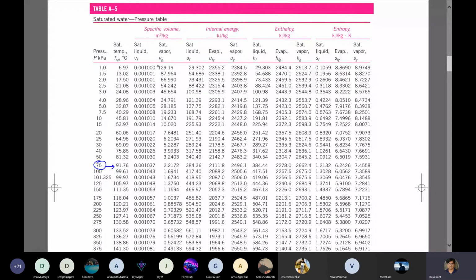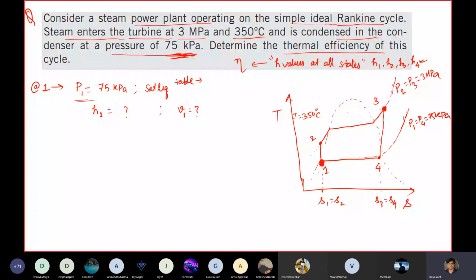So we have the saturated volume, which is this much. We got one data. And we don't need internal energy. Yes, we need enthalpies, so enthalpies I can calculate. So H1, since this is saturated liquid, we require hf, which is 384.44.